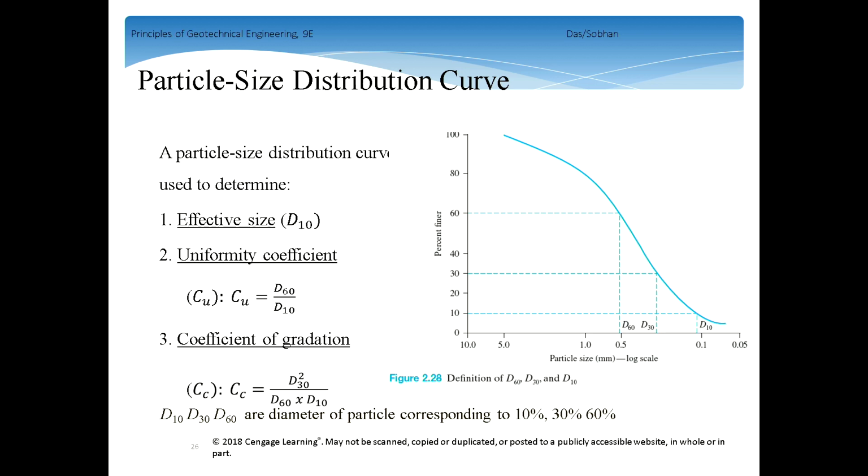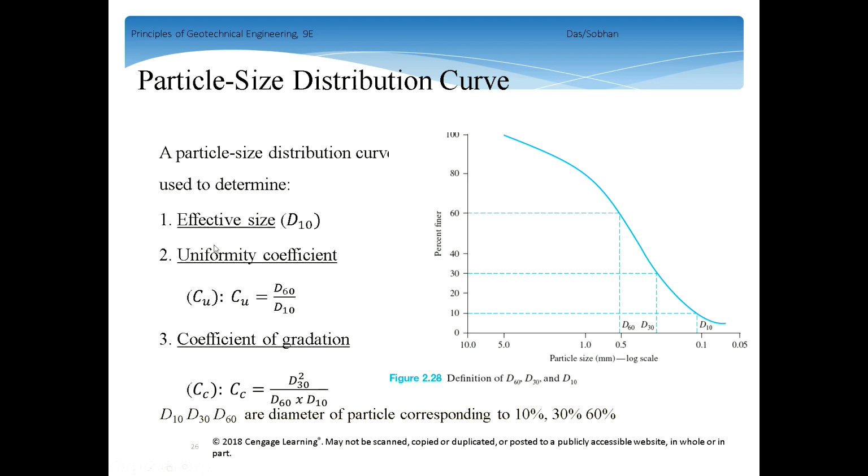And then we can also analyze the uniformity of a soil from the particle size distribution curve. So with the particle size distribution curve, we usually can define three different coefficients.